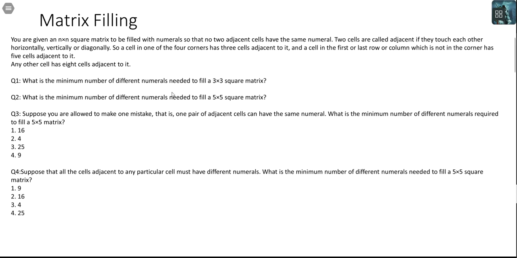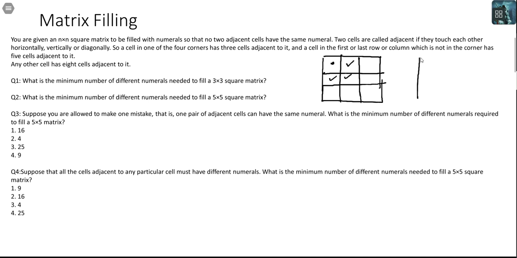A cell in one of the four corners has three cells adjacent to it. Effectively, what they're saying is, if you had a 3 by 3 matrix and this is the cell you're considering, these three are adjacent to it.